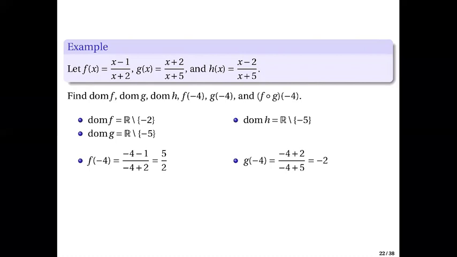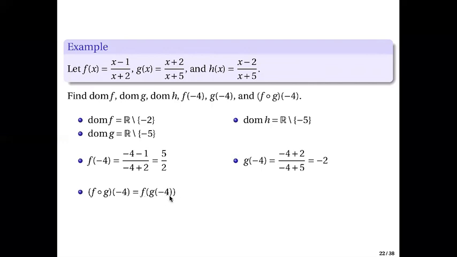Okay? So easy calculation, at least for f of negative 4 and g of negative 4. Now, let's look at f circle g of negative 4. By definition, f circle g of negative 4 is equal to f of g of negative 4.